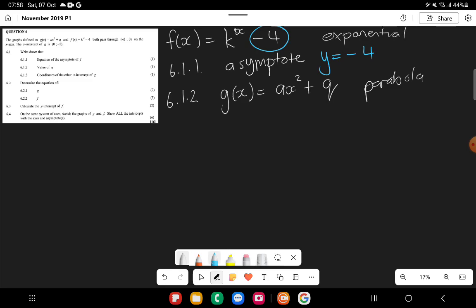What they're testing here is, do you know the difference between the q in an exponential and the q in a parabola? This q value is actually going to be your y-intercept. They tell us the y-intercept is 0, -5, which means that q is equal to -5. All right, next question.